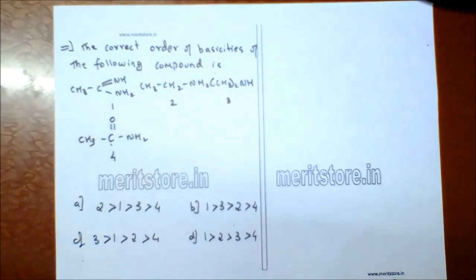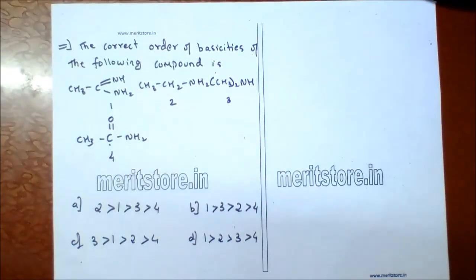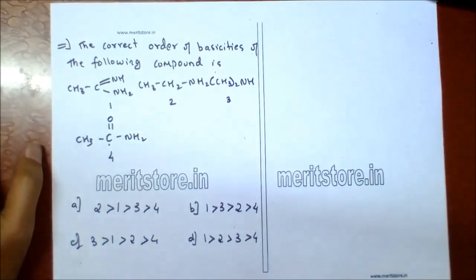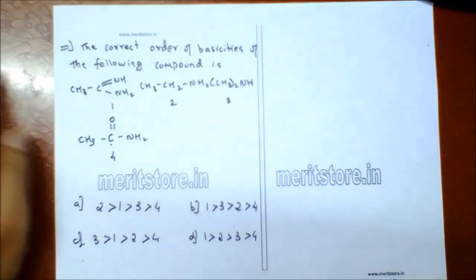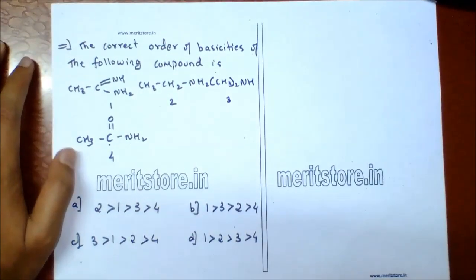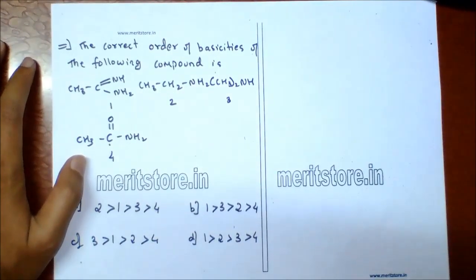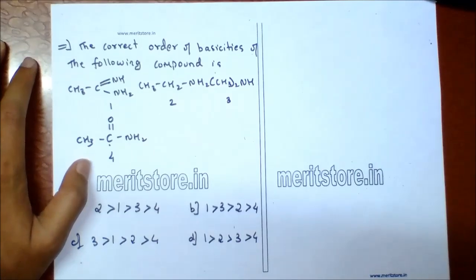The correct order of basicity of which of the following compounds is? Of the following compounds, we have to find the basicity. The relative basic strength of primary, secondary and tertiary amine depends upon the nature of the alkyl group attached to it.